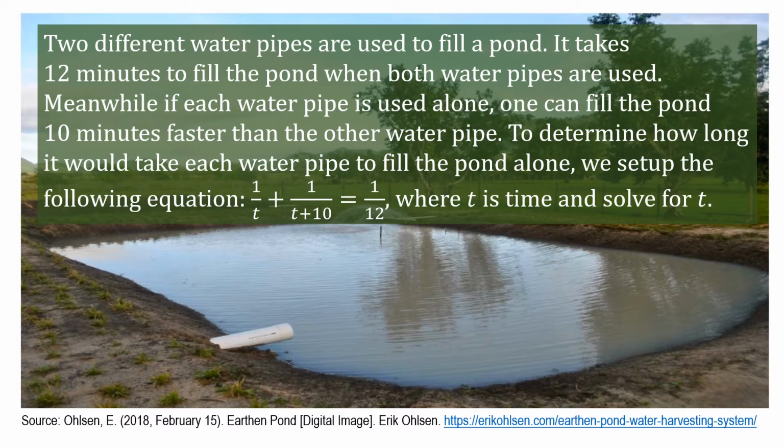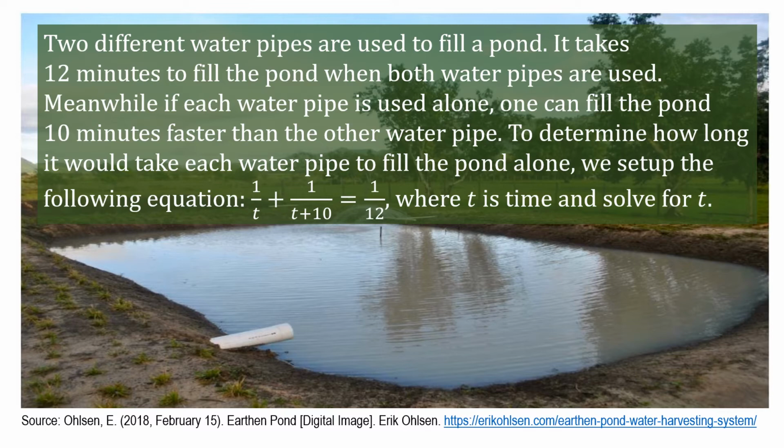Two different water pipes are used to fill a pond. It takes 12 minutes to fill the pond when both water pipes are used. Meanwhile, if each water pipe is used alone, one can fill the pond 10 minutes faster than the other water pipe.